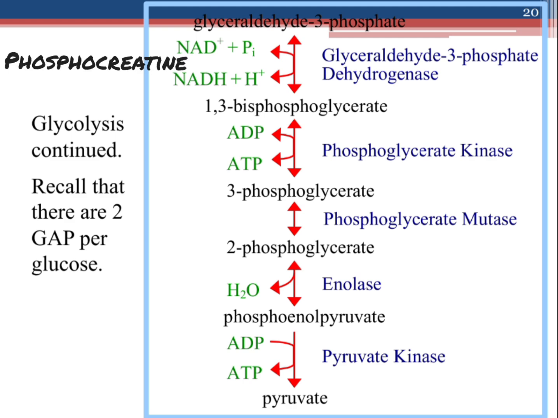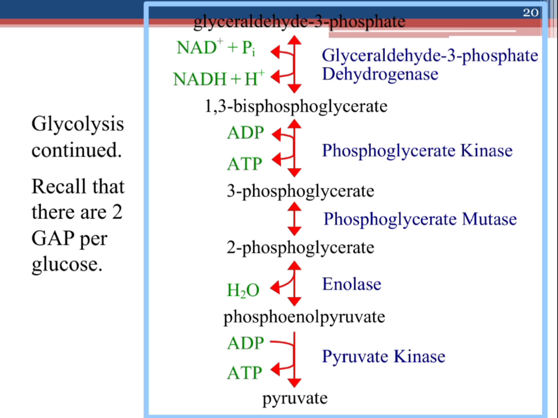So when glyceraldehyde 3-phosphate is oxidized in the presence of glyceraldehyde 3-phosphate dehydrogenase, the enzyme is called dehydrogenase simply because it is catalyzing oxidation, the removal of protons from glyceraldehyde 3-phosphate.